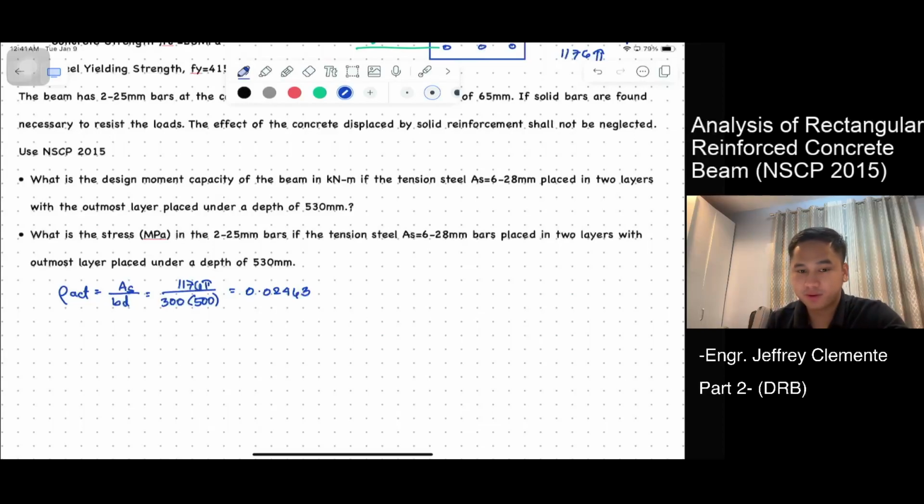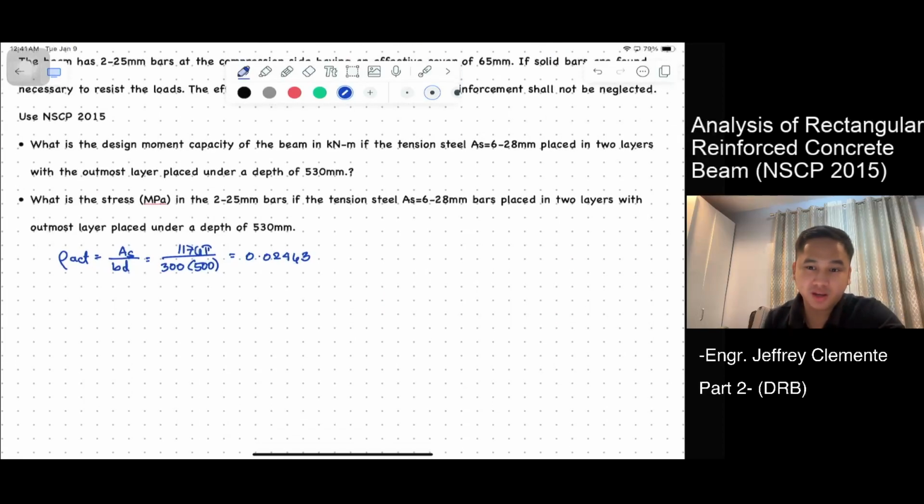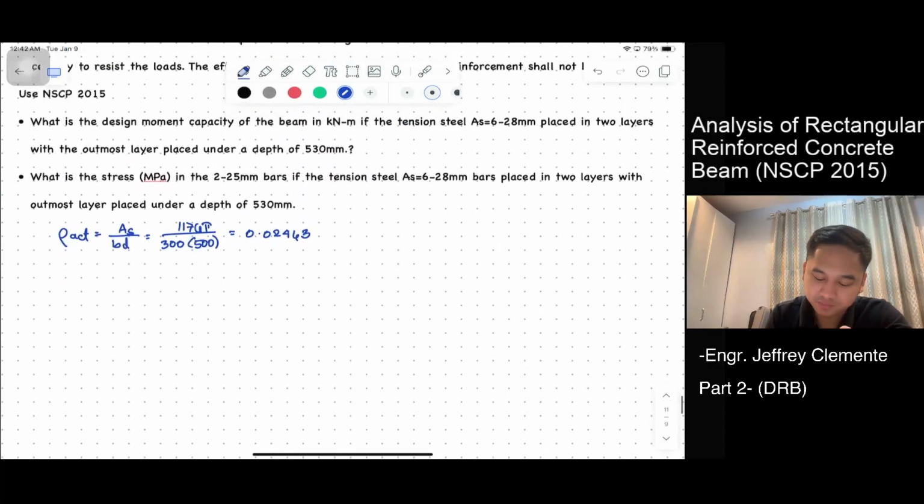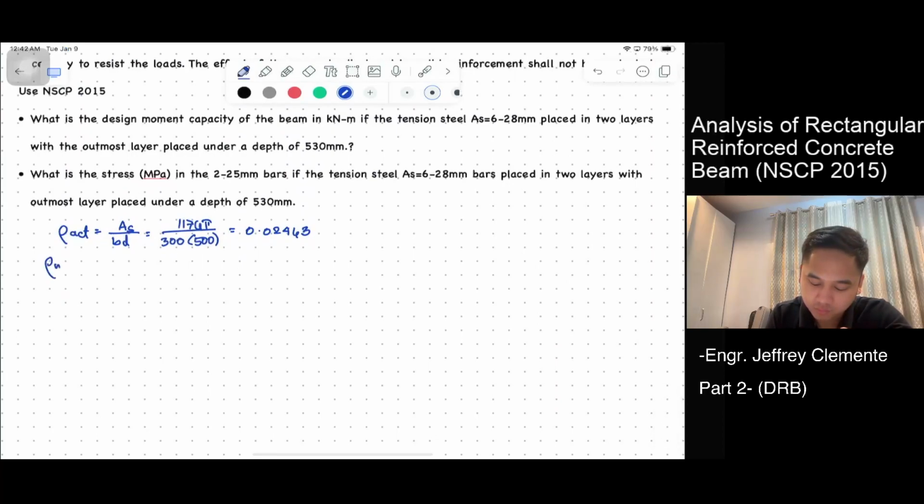Okay? Next, tingnan natin yung limit state. Of course, hindi possible na ang labo naman niya sa rho minimum. Saka kung nasa rho minimum yan, gagamitin niya rho minimum. So, usually sa analysis, ang ginagamit na yung max. Diba? Check natin yung rho max ng tension controlled and yung rho max ng 0.004. Okay?